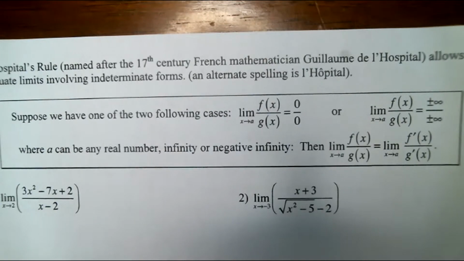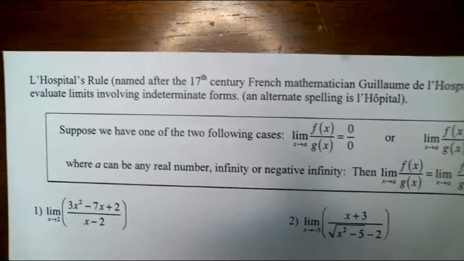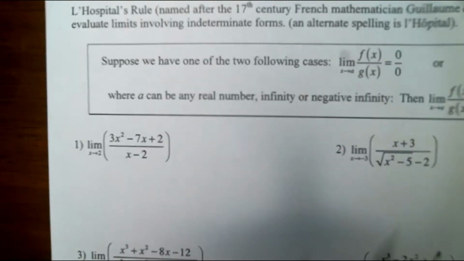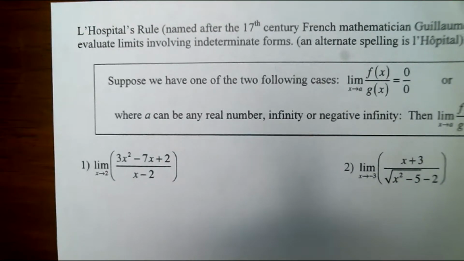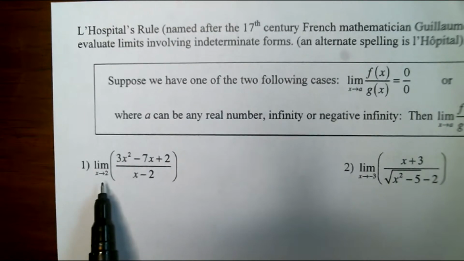Now, this does not change the way you do limits. I'm not giving you a method that replaces everything else. While it will be very helpful, it's really just for those with indeterminate forms. For instance, look at number 1. I have to follow those same steps that we talked about in the very beginning.